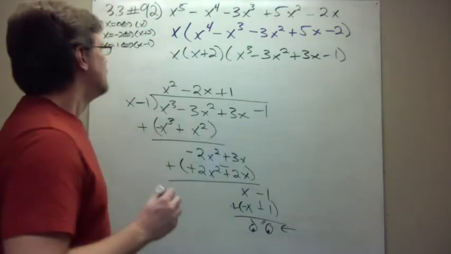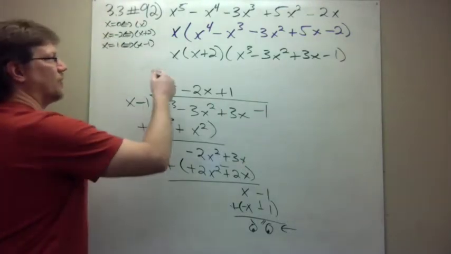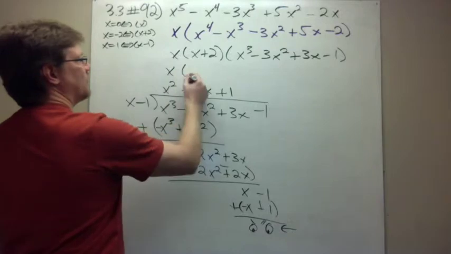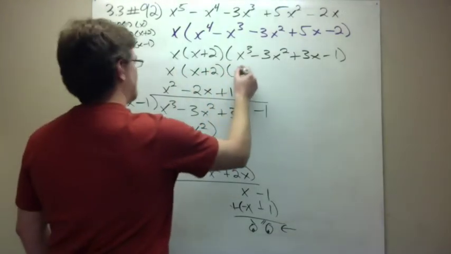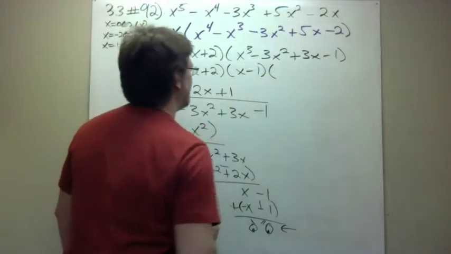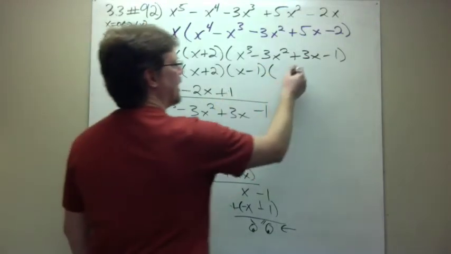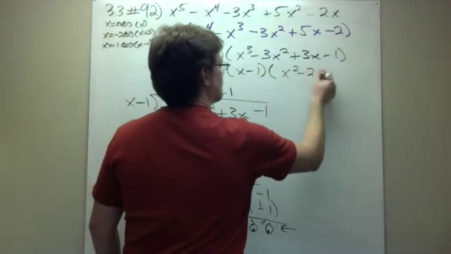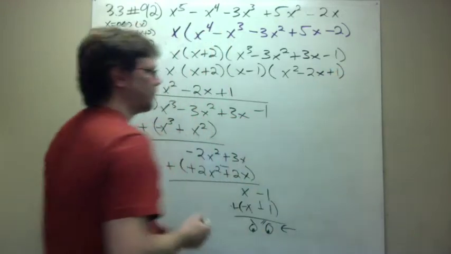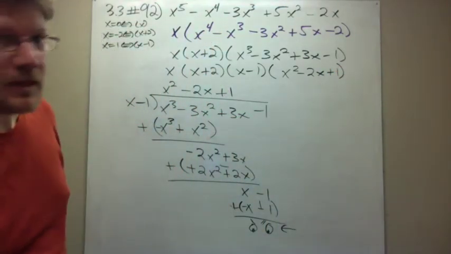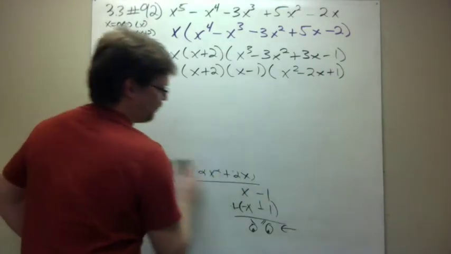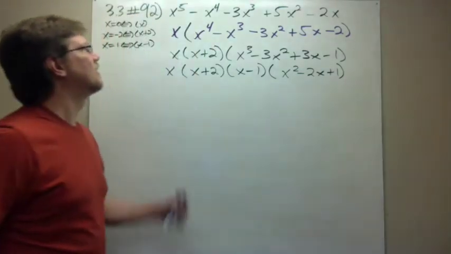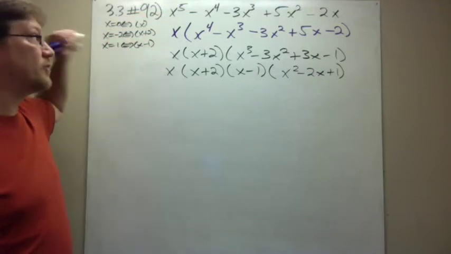So, we can rewrite this as x, which we haven't done anything with, times x plus 2, which we haven't done anything with, times x minus 1 times this quadratic. Now we have 4 statements here, 1, 2, 3, 4 of the same thing.